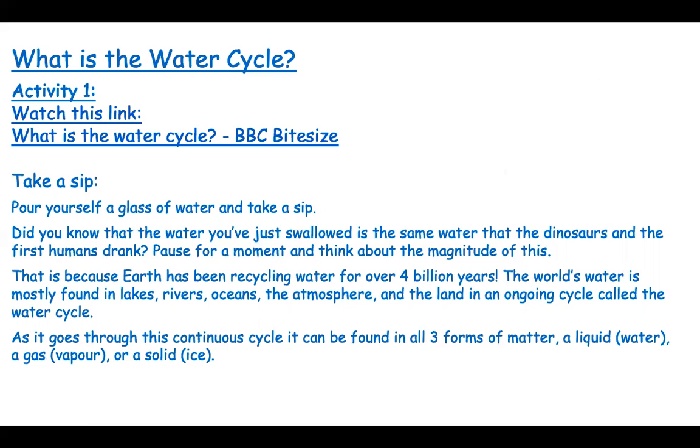Yes, we do. The reason is, here you can see the water has been recycling for 4 billion years. Oh my God. 4 billion years. I said thousands of years, but it is actually 4 billion. Billion means how many zeros? Let me write that. This is 1,000.